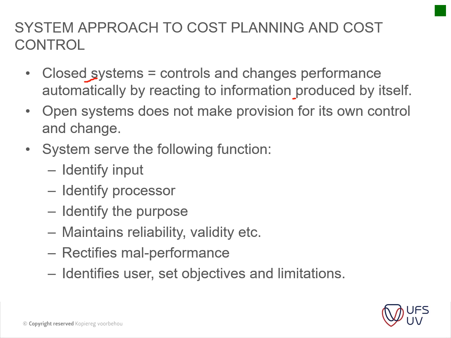So usually when you start doing your cost estimation or planning in phase 3, it means that no proper cost information was generated in the first 2 phases, and then you basically start with an open blank way of looking at items. So your open systems don't make provision for internal control.